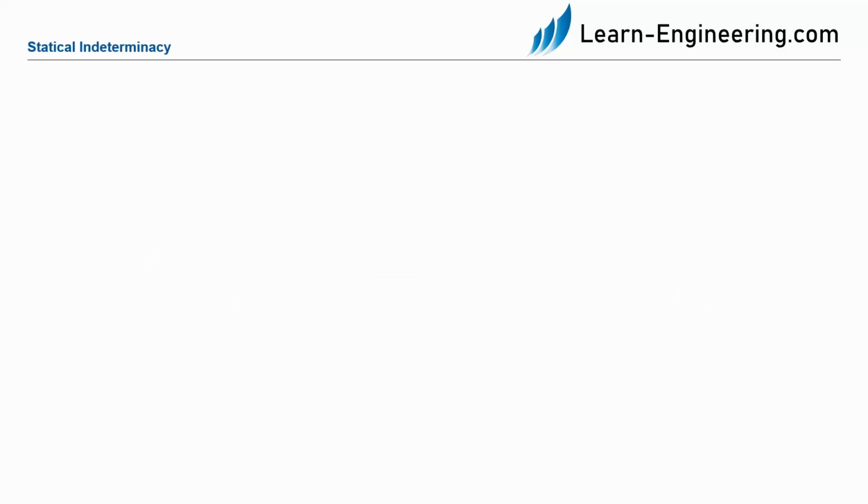A brief review of static indeterminacy. We know that our degrees of freedom F can be calculated by F equals 3n minus R plus V. Here n stands for the number of bodies, R for the support reactions, and V for the joint reaction. If F equals 0, we have a statically determinate system. If F is greater than 0, then the system is movable.